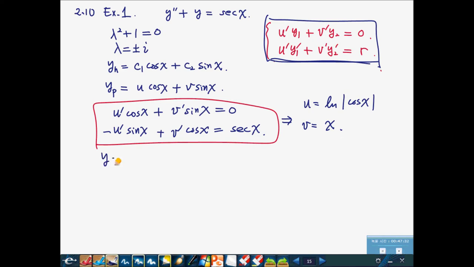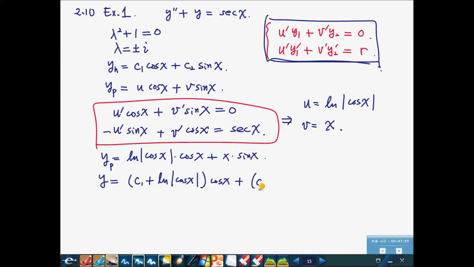So our yp is ln cosine x times cosine x plus x times sine x. So our final y will be c1 plus ln cosine x times cosine x plus c2 plus x sine x.